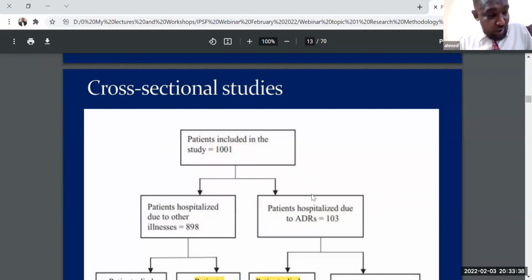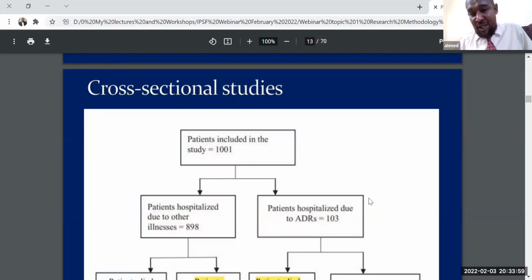I just want to comment about flowcharts in papers. They are normally used either to show how samples have been selected, or to reflect inclusion and exclusion criteria and how many subjects were included and how many were excluded.